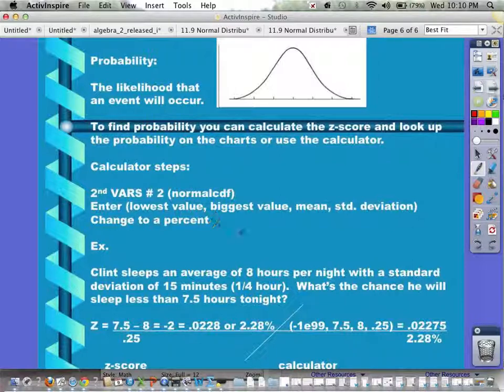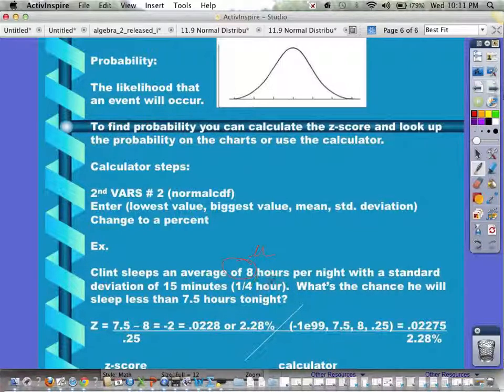So, for example, Clint sleeps an average of 8 hours per night, standard deviation of 15. Okay? Average is the same thing as mu, and the standard deviation is 15 minutes. Now remember, 15 minutes is 1/4 hour. We've got to make sure we're in the same units, guys. So watch that. Don't put in 15.